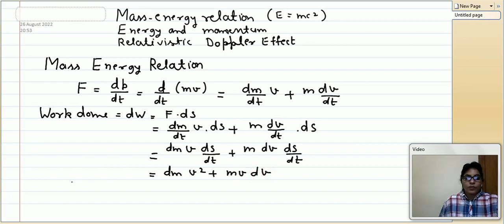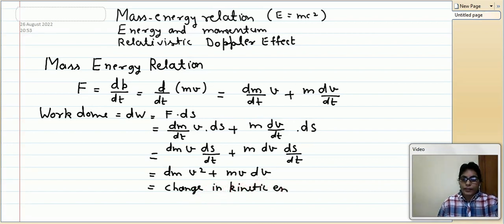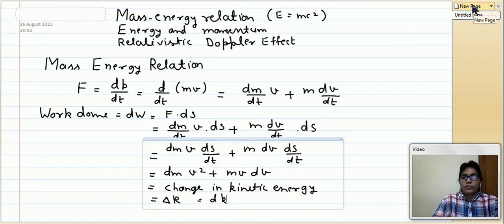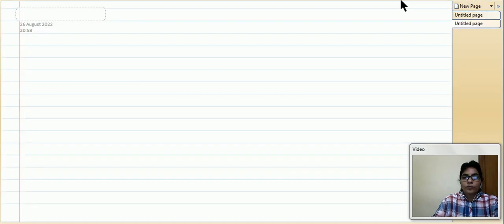Now using the work energy theorem, the work done is equal to the change in kinetic energy, which is equal to delta K, or this is equal to dK. dm v square plus mv dv is equal to dK.